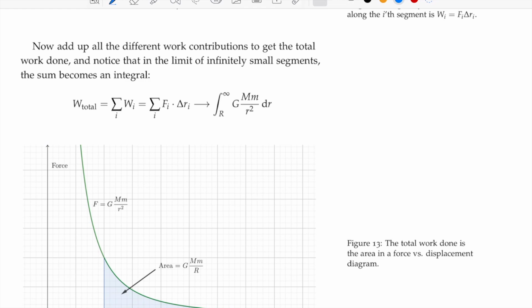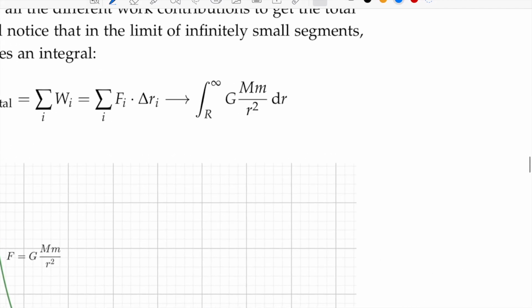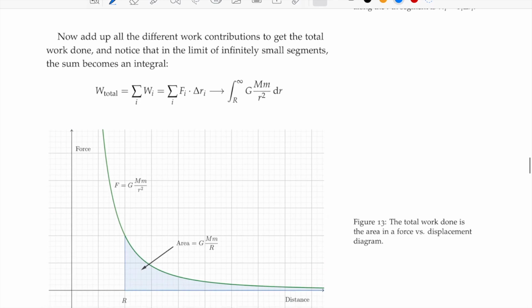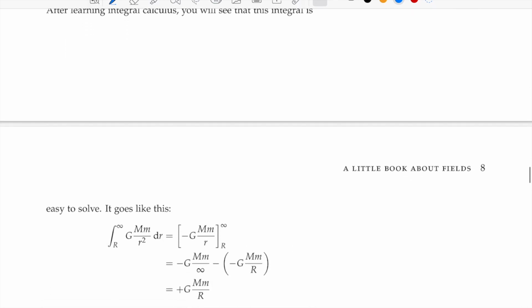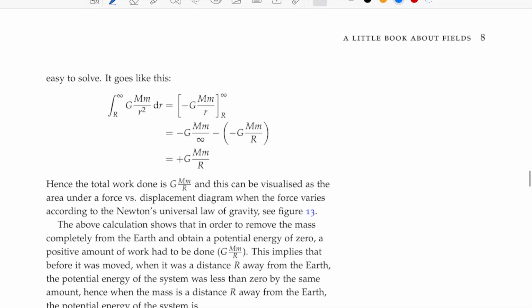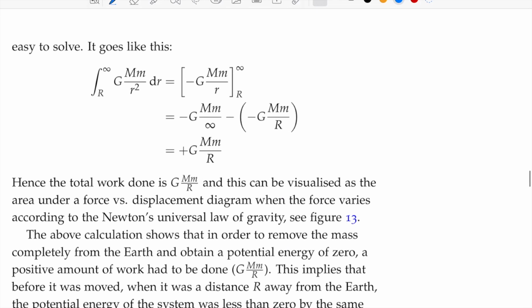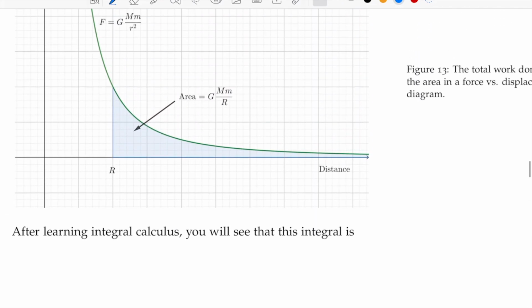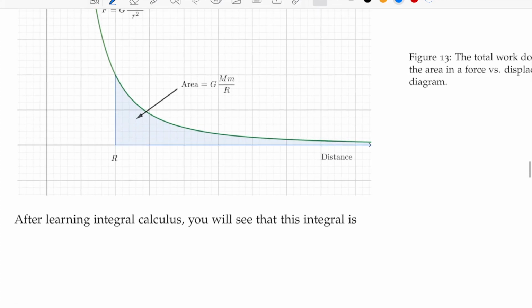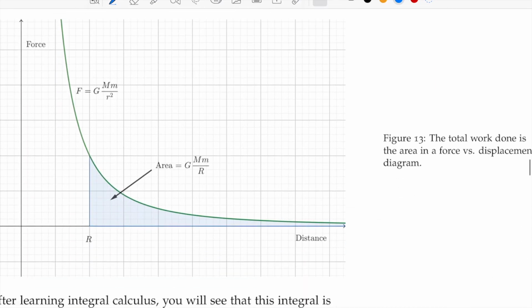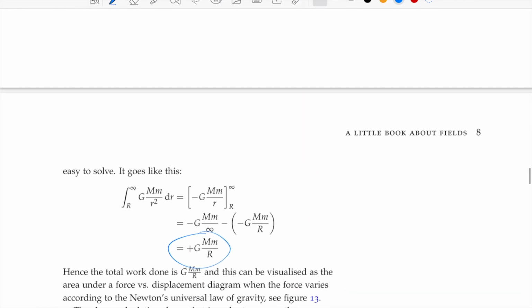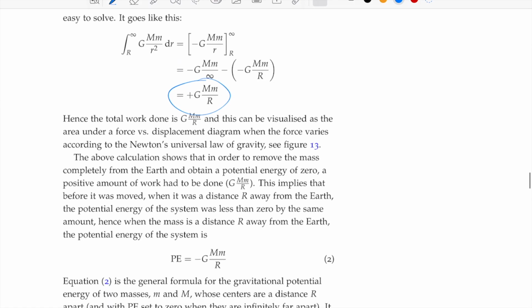It turns into an integral, and it looks quite scary if you don't know integral calculus, but it really isn't, and you'll soon be able to calculate this. It's a small calculation, but the area below that curve turns out to be GMm over r. So that's this blue area, GMm over r, and that's the total amount of work done in pulling the mass out to infinity.